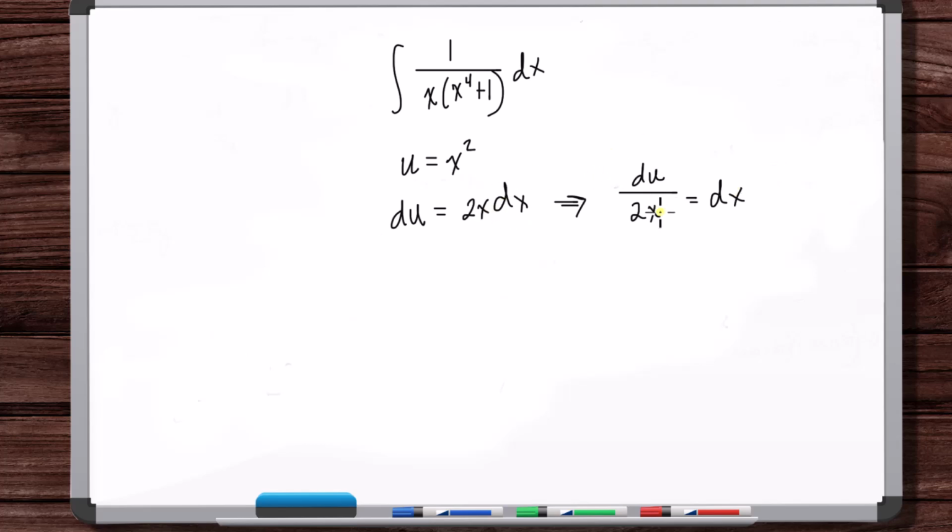Okay, but we need to make this x a function of u. So what is x? Well, we can see that x is equal to the square root of u. So we've got du over 2 root u is equal to dx. Okay, so making the substitution, we've got x is equal to root u.